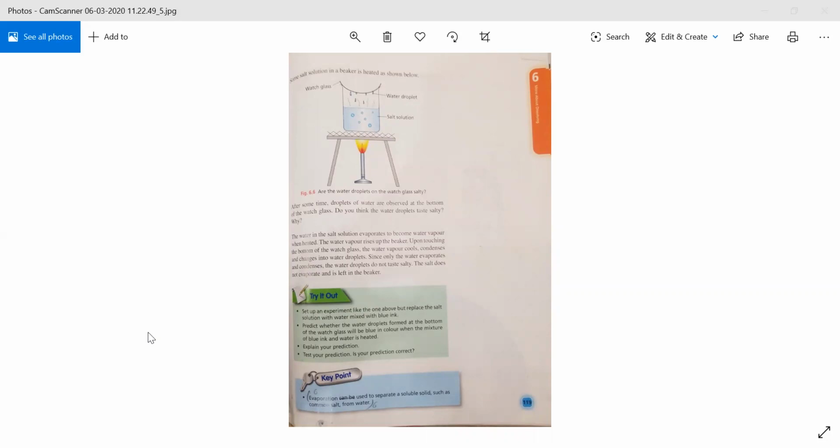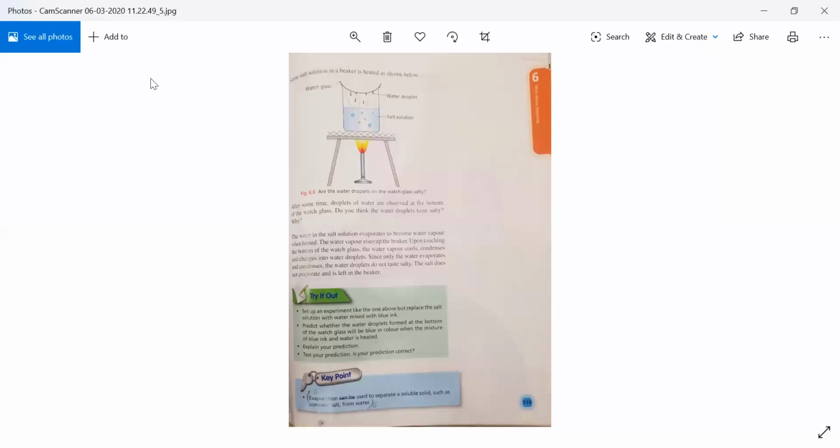As you can see in the picture, if we heat or boil the salt solution, in which salt and water are present, and we have placed a watch glass over it, what will happen while boiling the salt solution?